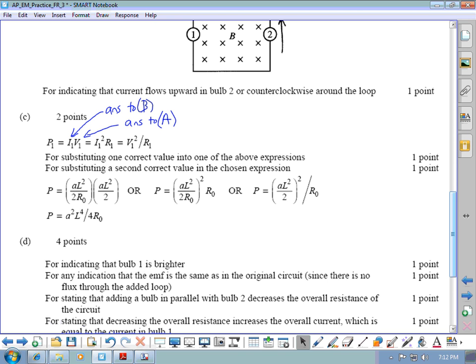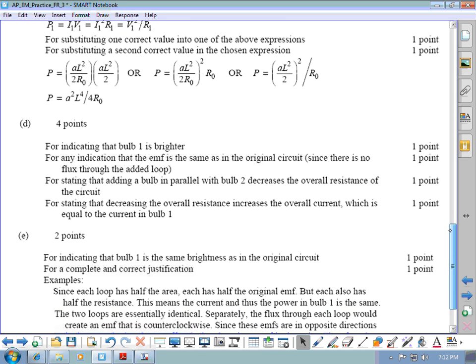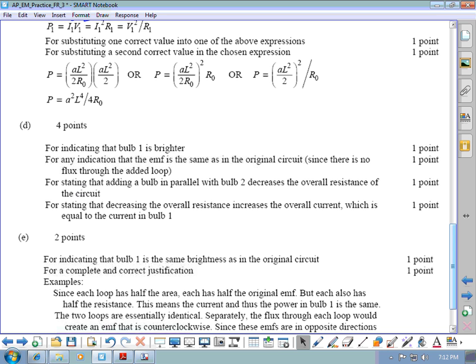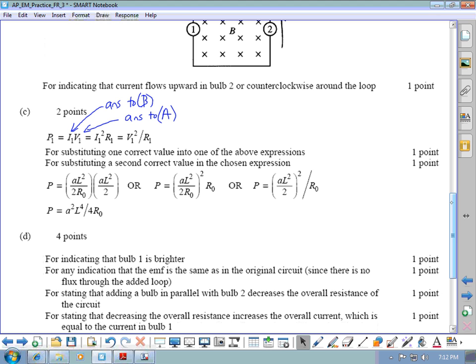Again, you don't have to simplify, but you would need the correct answer for the second point, or again, an answer that's consistent with your previous answers. So just saying answer to B, answer to A, they would not give you the credit, I don't believe. But if you made up an answer to B and an answer to A and put those in correctly, even though your answer is wrong, they would give you the credit for it.